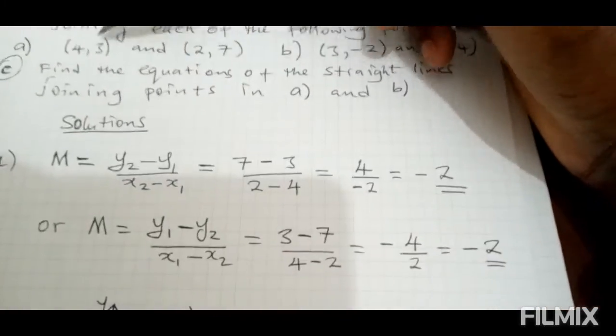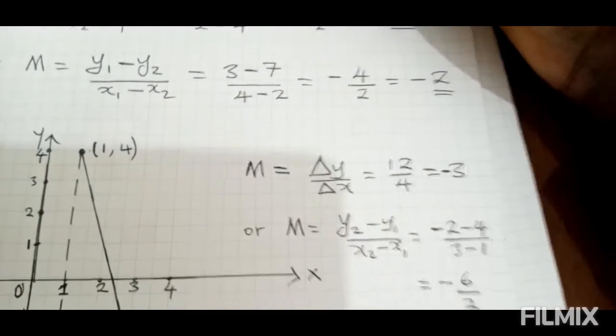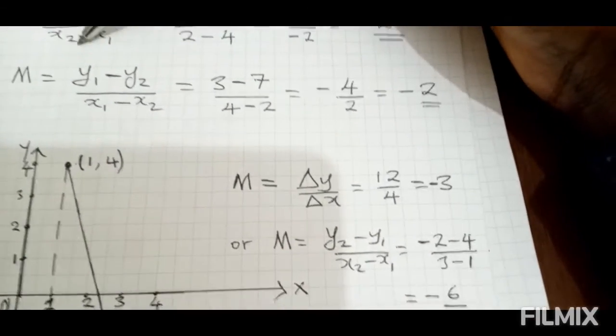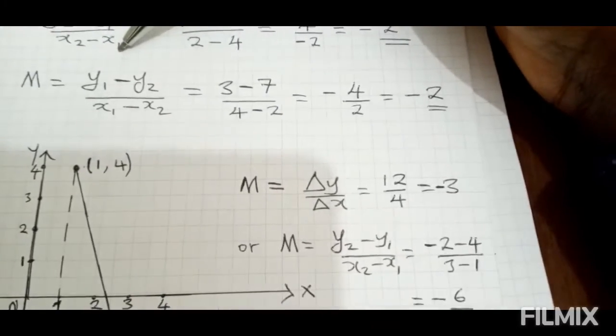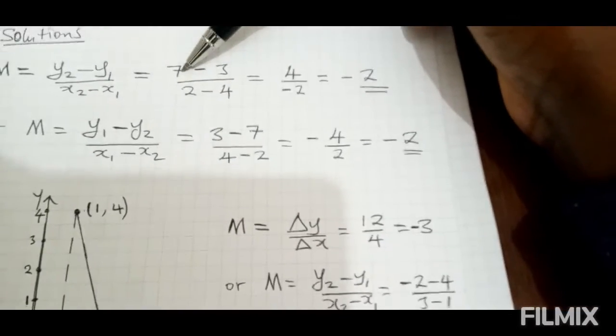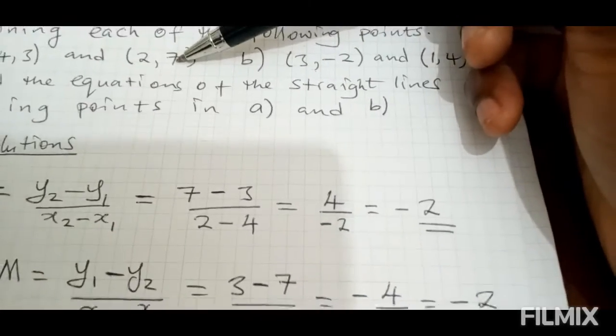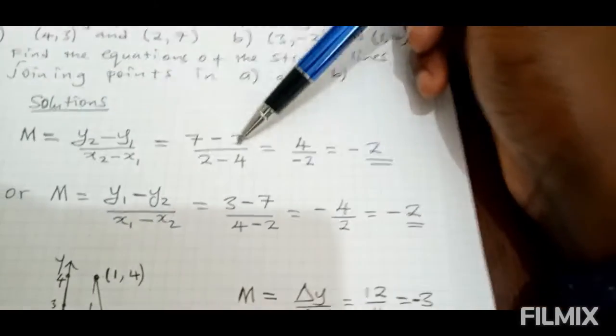So for A, we have 2 points which are 4,3 and 2,7. So y2 minus y1 over x2 minus x1. We are finding the gradient. So we take y2 to be 7 and y1 to be 3, which is here.